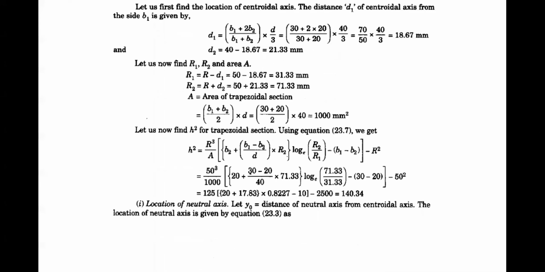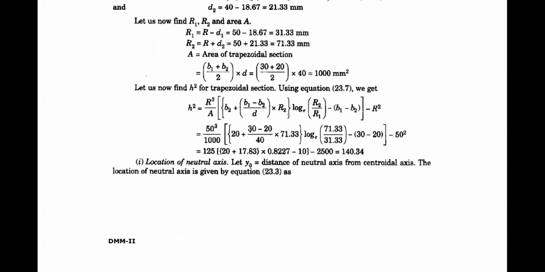For the h square value, please observe that r cube by a into b2 plus b1 minus b2 by d into r2 of logarithm of e r2 by r1 minus b1 minus b2 minus r square. This equation is already available. I don't know why you have difficulty; it is direct substitution. I already told you the b1 and b2 values.